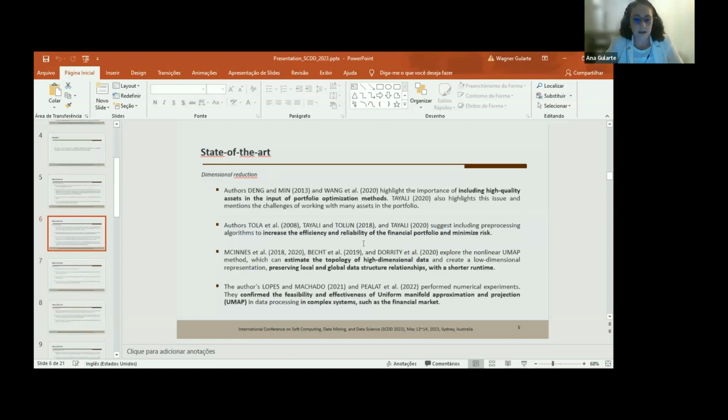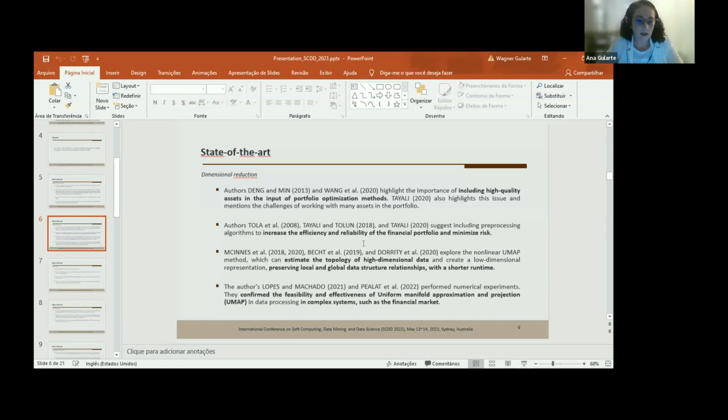Dimensional reduction. Authors Deng and Ming and Wang highlight the importance of including high quality assets in the input of portfolio optimization methods. Tayali also highlights these issues and mentions the challenges of working with many assets in the portfolio.